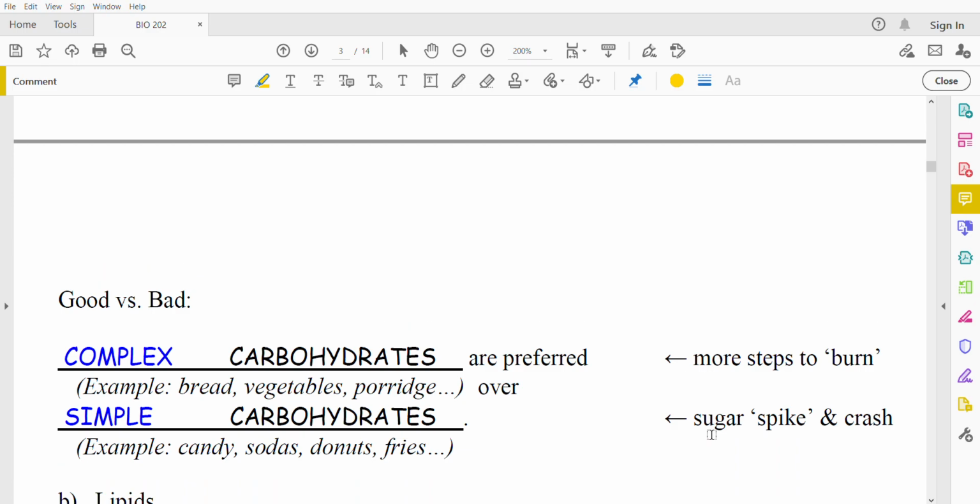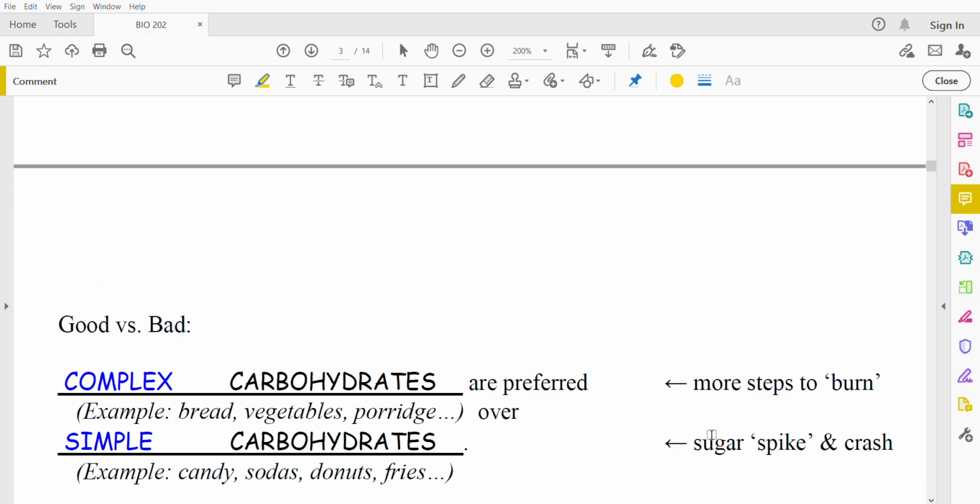There's one more concept about carbs that I want to discuss. So we can talk about having simple or complex carbs. Let's have a look at what's the difference between those two. I'm just going to change the color so that it's consistent with what we did earlier on. Often people might wonder what's better, to eat simple carbs or complex carbs. Let's look at examples of what simple carbs would be first.